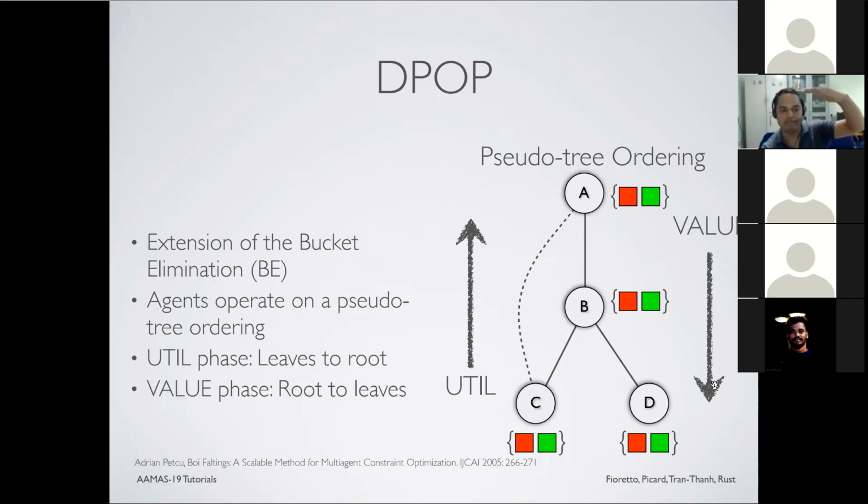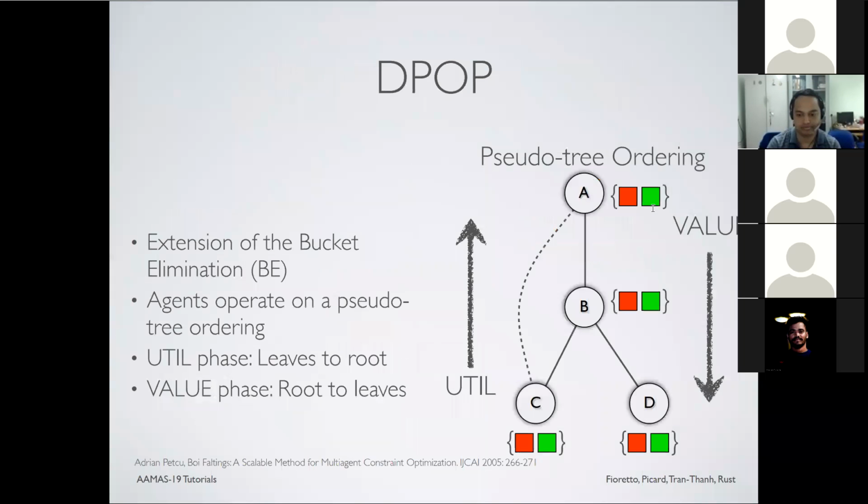So from the leaf node to the root node, the utility values will be traversing, and from the root node to the leaf node, the values, meaning which node is choosing which color, will be traversing as a message.